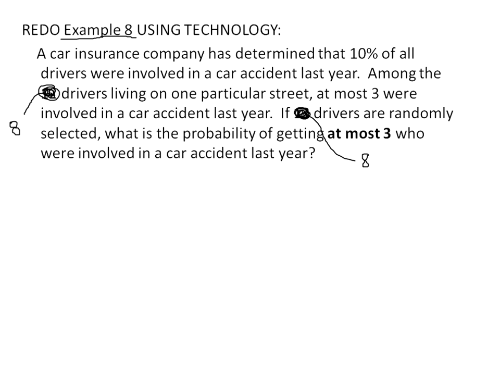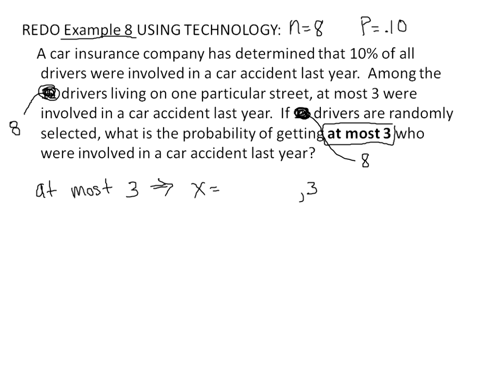Okay, so I changed it to 8. So n is equal to 8, and p was equal to 0.10. Now x, it said at most 3. So at most 3 refers to how many successes you have. So x is equal to at most 3. The most it can be is 3. So 0, 1, and 2 are okay. Nothing greater than 3.